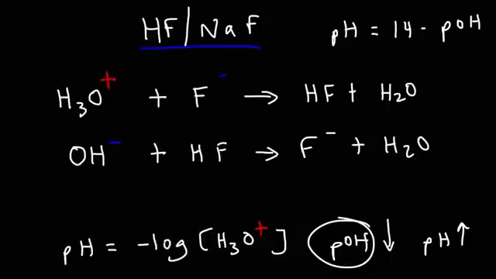The pH will increase slightly, but not by that much, because these are being reacted with HF. And so that's how a buffer solution can maintain a relatively constant pH level in the solution. It's by having the ability to react with any incoming acid or any incoming base that is added to the solution.